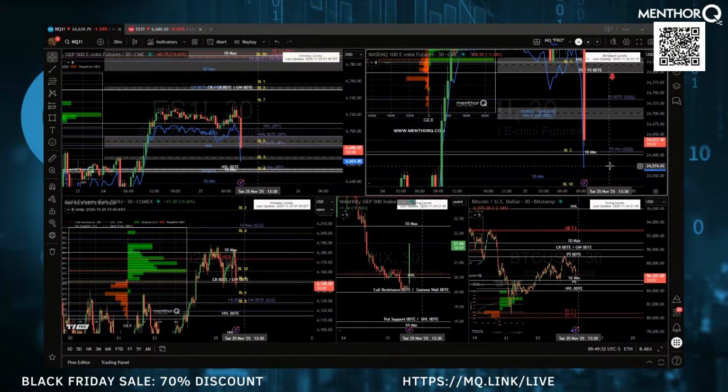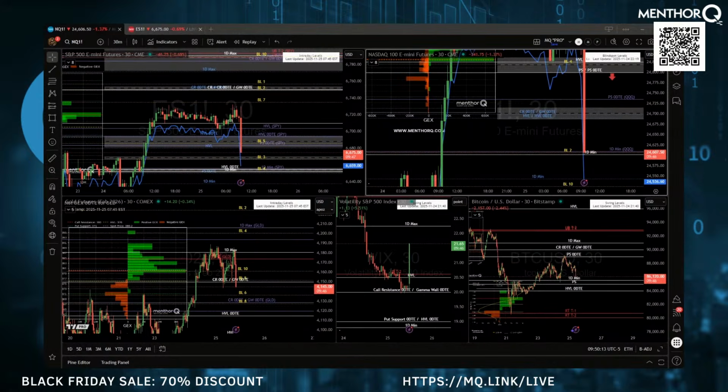With the break, we joined the short again on the Nasdaq because we don't want to get trapped. That's one of the major reasons why we have VIX and SPX on our charts, so that we get the bigger picture of the market.